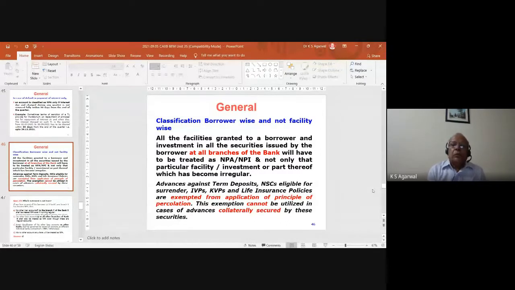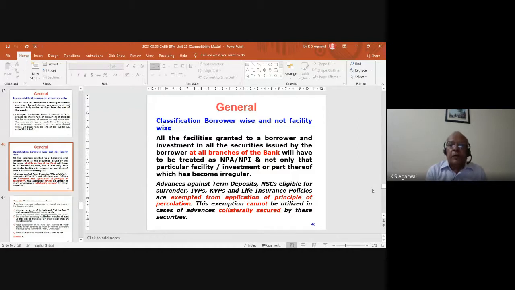So suppose one account, say car loan, has become NPA in one branch of the bank. So other loans in this branch and other loans in other branches of that bank will become NPA. This is known as principle of percolation. Because of one account becoming NPA, other accounts also become NPA.